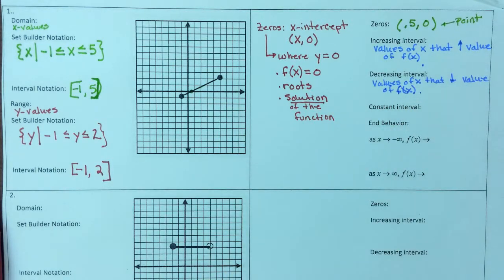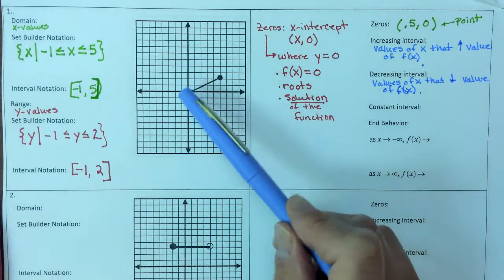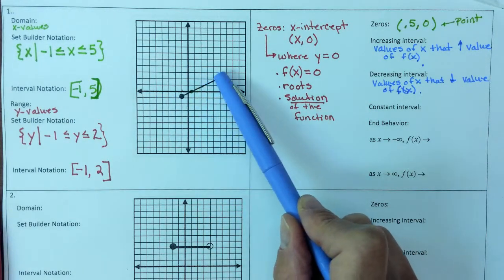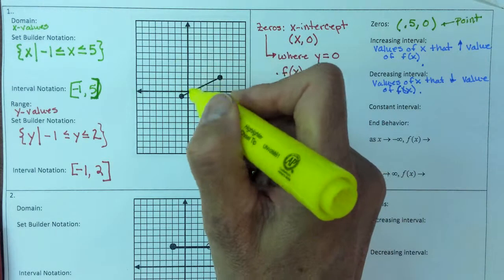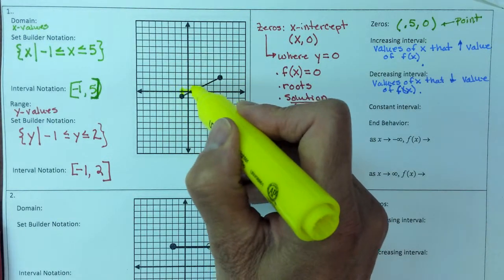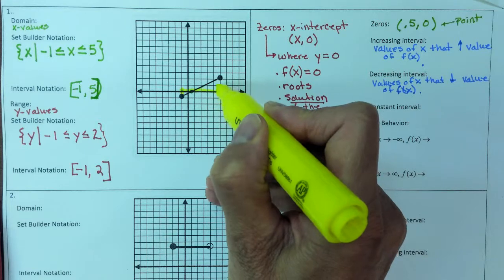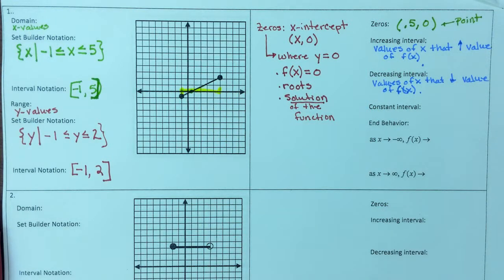Okay? So let's look back here. I have to ask myself, if I'm going left to right, do I have an increase in y? I do. This part here increases. So when I'm looking at my value of x that increases the function, my value of x starts there, and it increases everywhere to here. So that's my increase in my function.